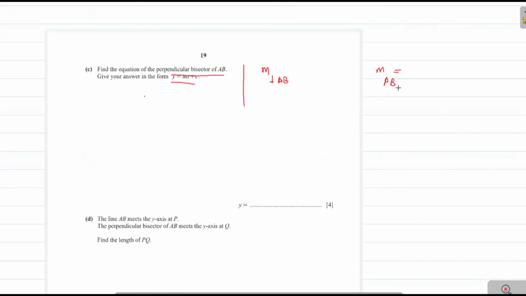The gradient of the perpendicular to AB will be the negative reciprocal, negative 1 over negative 2 over 3, which is equal to plus 3 over 2. We put the value in the equation y equals 3 over 2 x plus c.